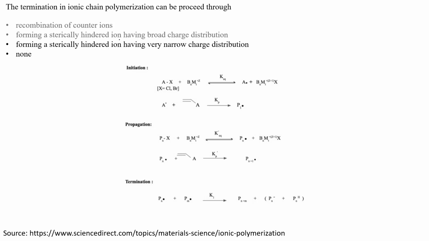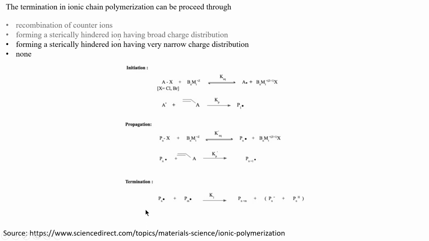In the next one, it has been given that forming a sterically hindered ion having broad charge distribution. Now, broad charge distribution can occur only when the charges are scattered throughout the polymeric chain, and this will only occur when the end groups of a chain which have opposite charges combine together, which will form the sterically hindered broad charge distribution.